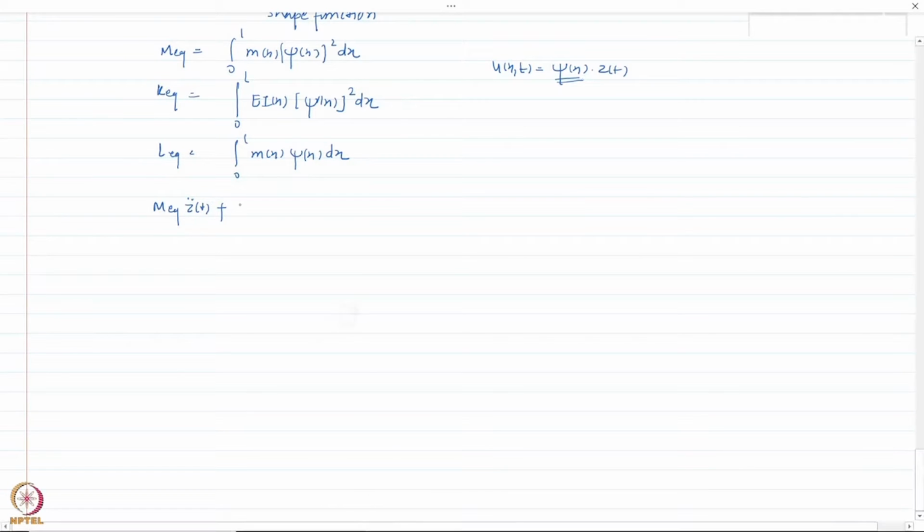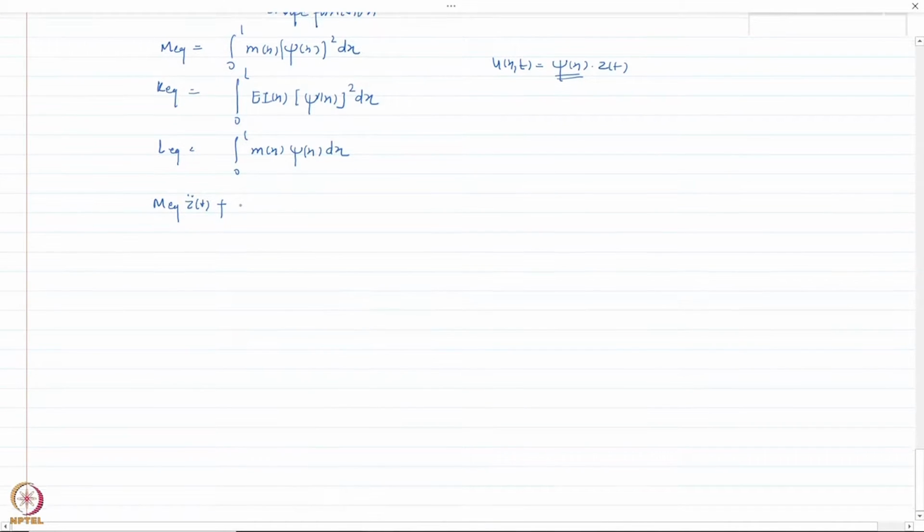If I wanted, I could include the damping term as well, but typically we do not have an expression for the damping term because damping we get from experiments. So we get the damping ratio and convert it to get the C equivalent. Let us write down without damping here.